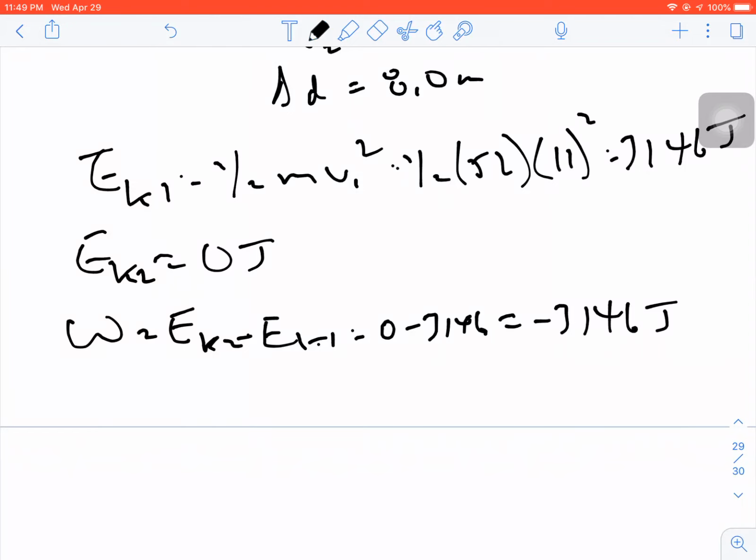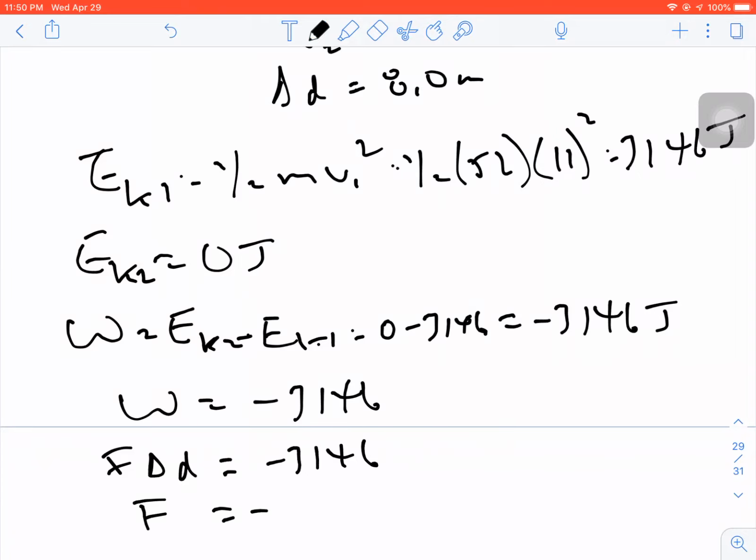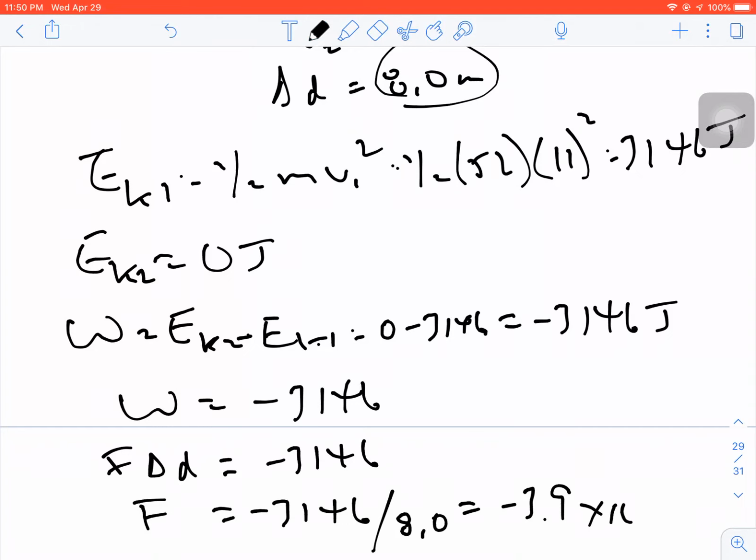If my work is equal to negative 3,146 joules, and work is equal to F delta d, then F is going to be negative 3,146 divided by my distance of 8 meters, and I'm going to get a force of negative 3.9 times 10 to the 2 newtons. So there's my F net.